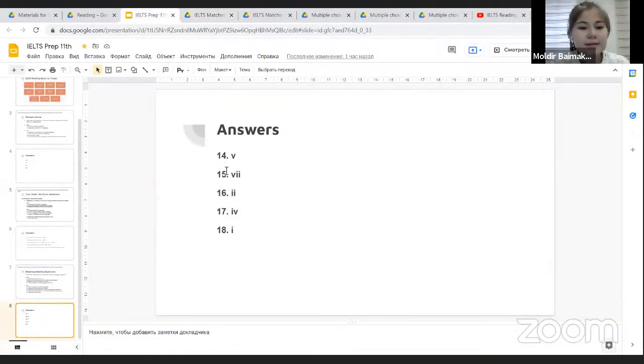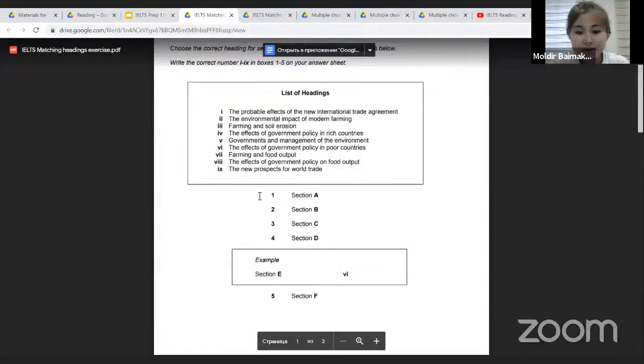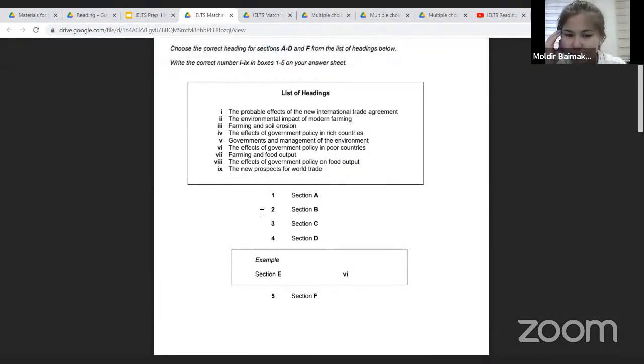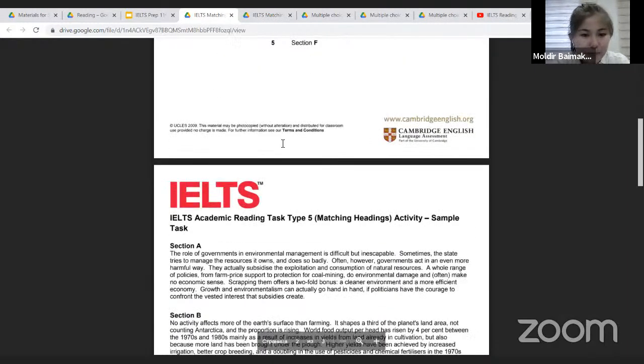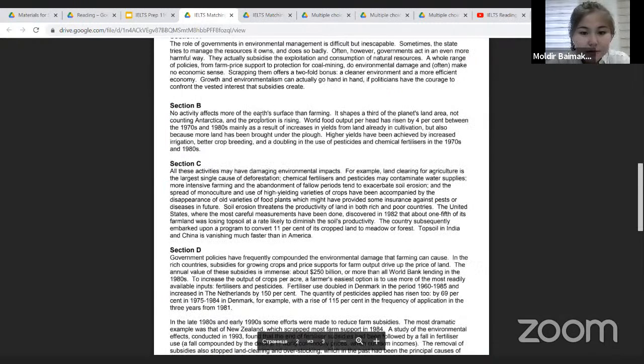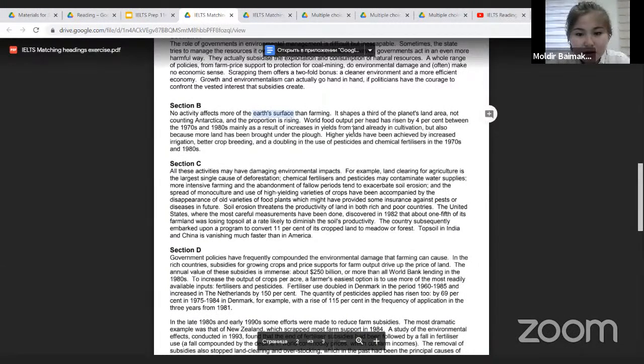Okay. Second one is 7, but you said this is 2? 2. The environmental impact of modern farming, but this is farming and food output. Okay. Earth surface, I understand. Planet plenty area. Okay.